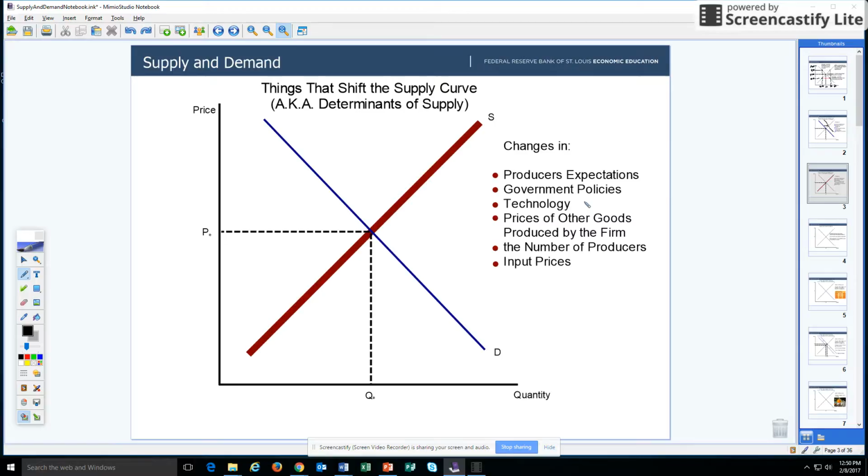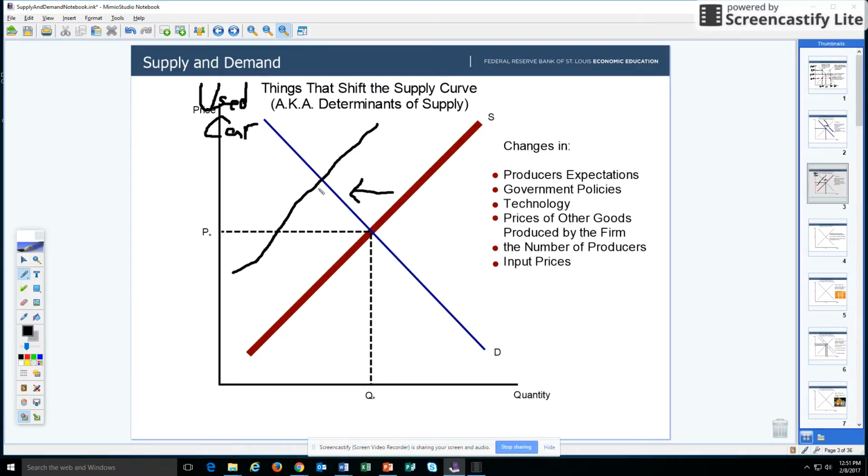Government policies. This could be something like the government decides to decrease the number of used cars, and so the government buys up used cars and destroys them. So in terms of our used car market, since the government decided that they're going to get rid of some of the used cars, they're going to destroy them, there is a decrease in the number of used cars that are out there.